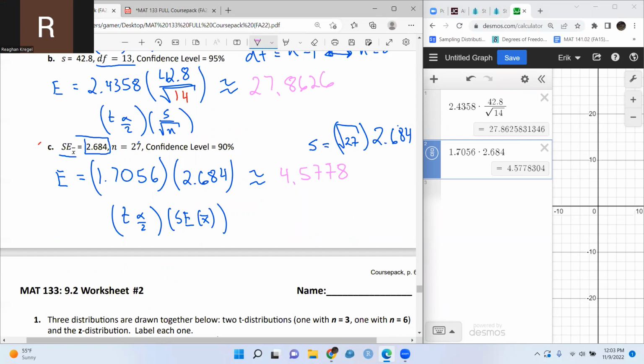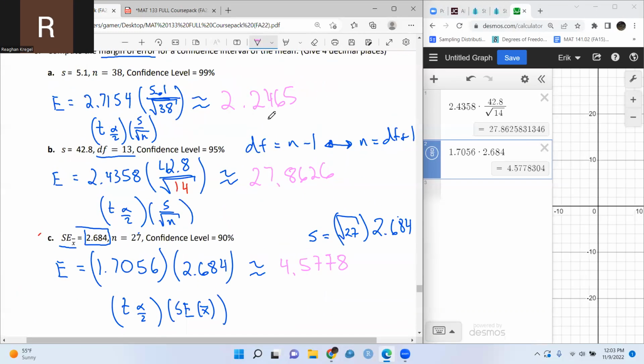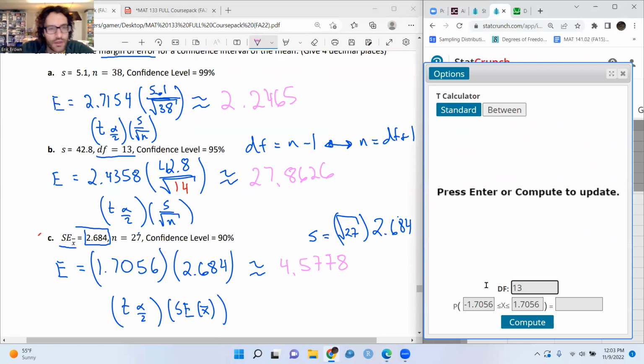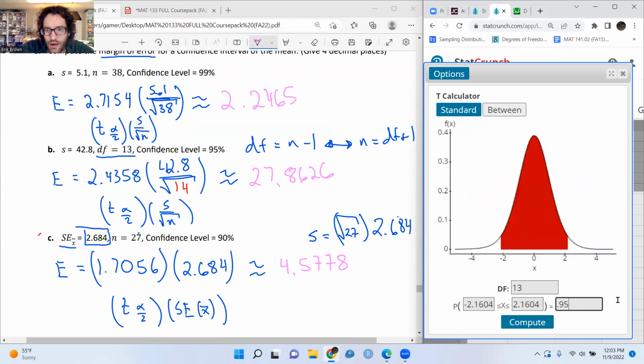Can you go over how you got the 2.4385 for B? Because for some reason I got a little bit different answer. I don't know. I probably did it wrong. That's probably a good chance. I did 13 for degrees of freedom, and then I did 0.95.